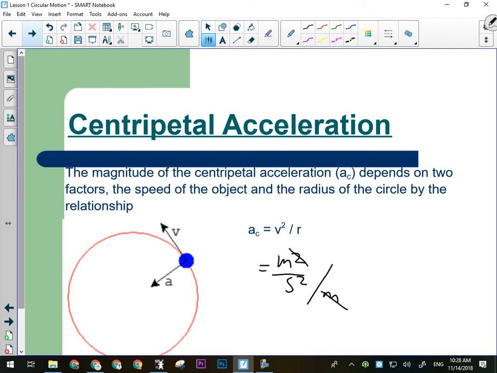It sticks your tires to the ground and allows your car to traverse a corner. If it's really icy and you try that same trick, you may not succeed because friction will be too small. And as a result, the radius of the circle you are traveling in becomes very large, like essentially it becomes a straight line.